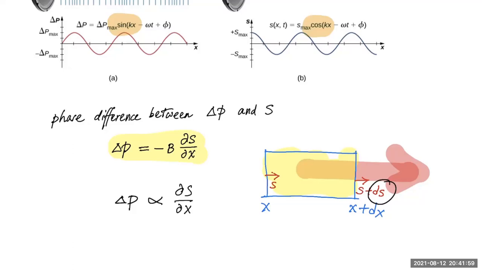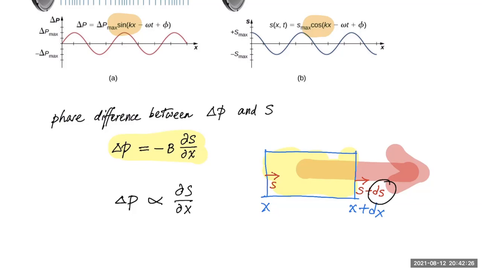That's why if you're looking at S and delta P, they're not proportional to each other. The greater the change in S as you move along the x-axis, the greater the change in volume for that region of air, and therefore the greater amount of pressure variation delta P you're going to get.